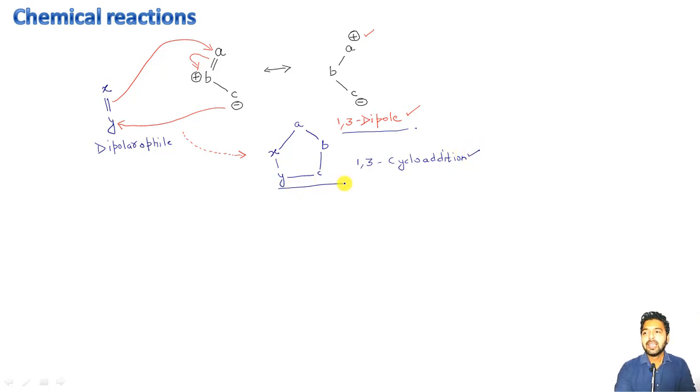Now that we have a basic idea of what type of reactions there will be for this mesoionic, all these reactions will be something like this: there will be a 1,3 dipole, there will be some dipolarophile, and a 1,3 cycloaddition will take place, resulting in these cyclic adducts.